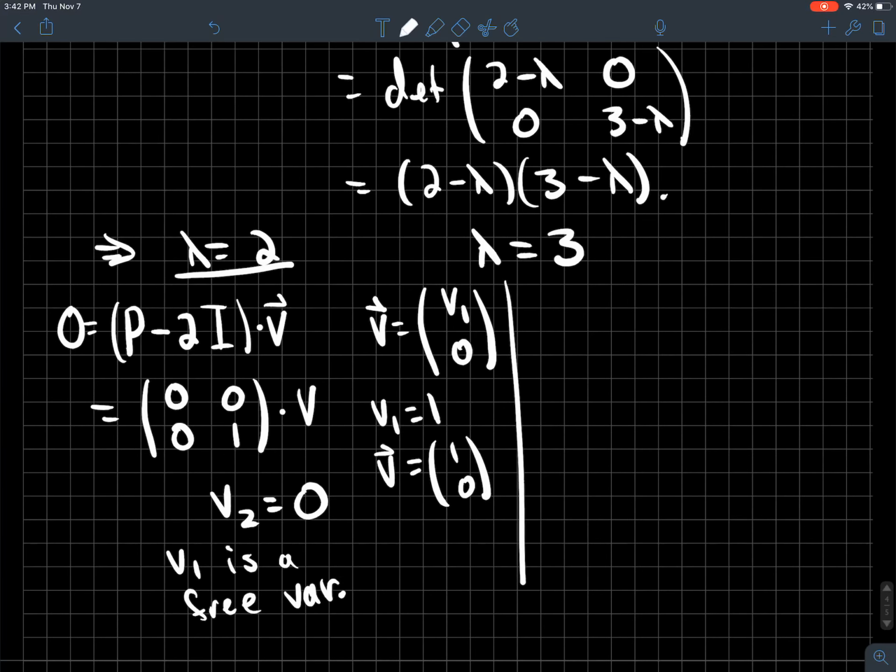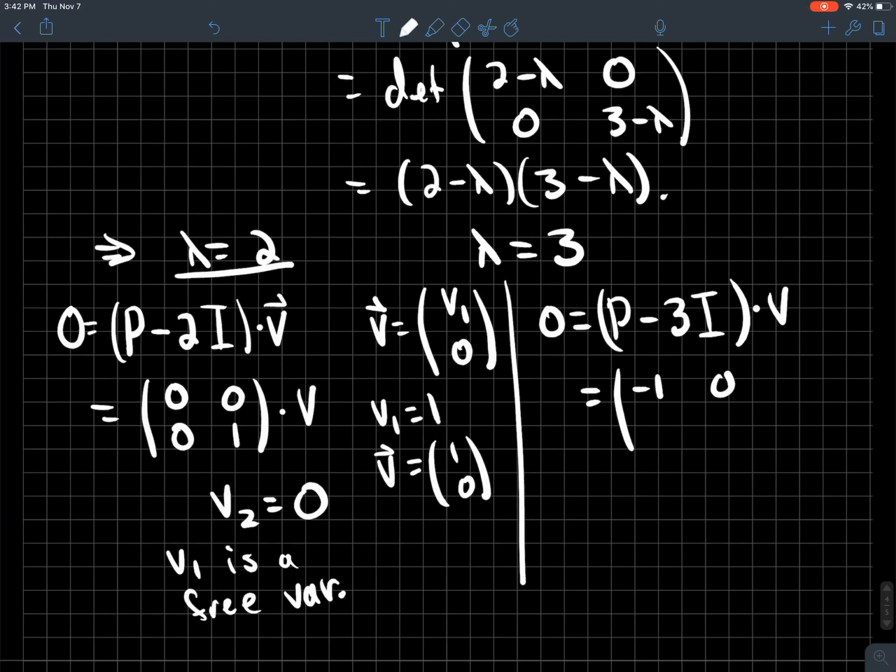Now, we do the same thing. We set 0 equal to P minus 3 times the identity times V. On the top left, we get 2 minus 3, which is negative 1.